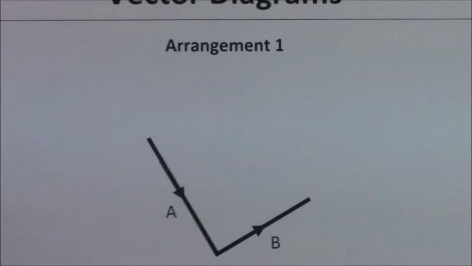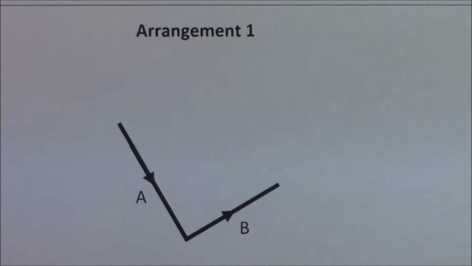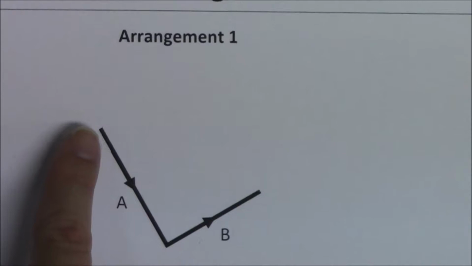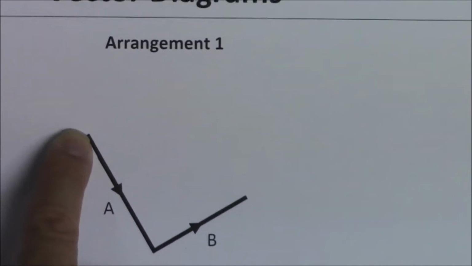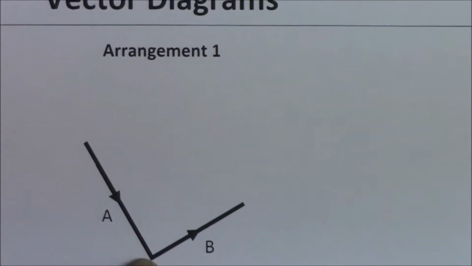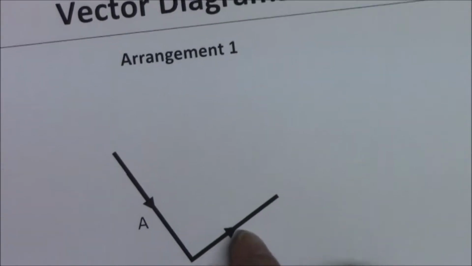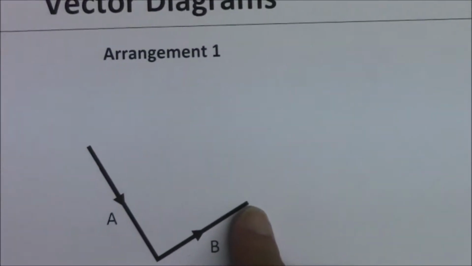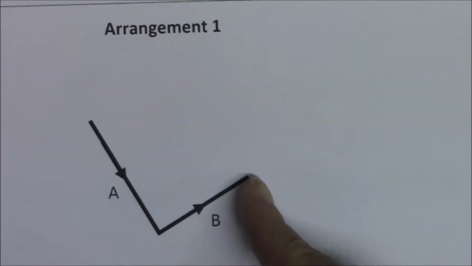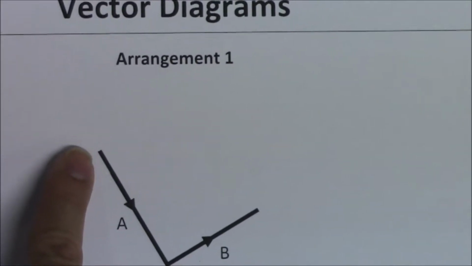To find the resultant of these two vectors adding together, we can use the analogy of walking. If we start from here, the starting point of vector A, and we walk along vector A, and after that along vector B, is there a shortcut to reach the ending position of vector B from the starting position of vector A?